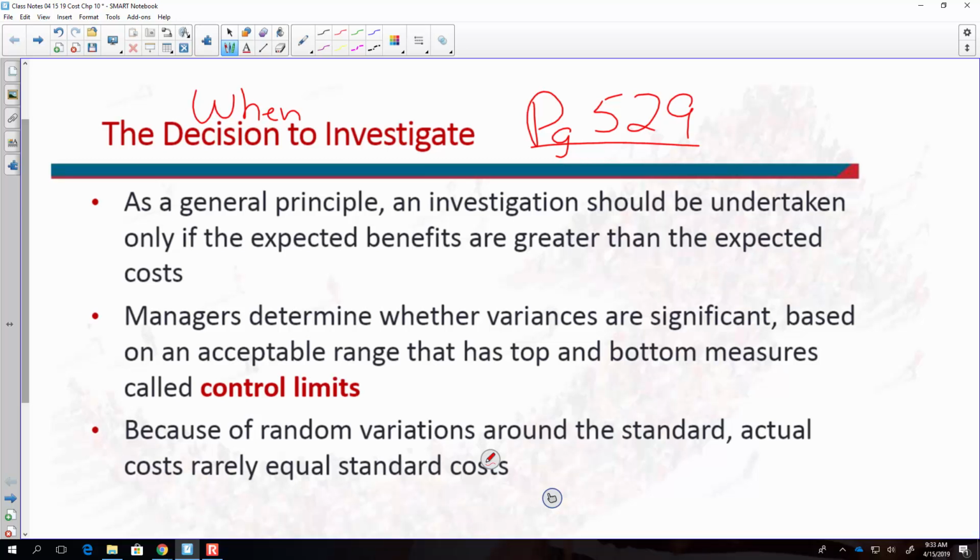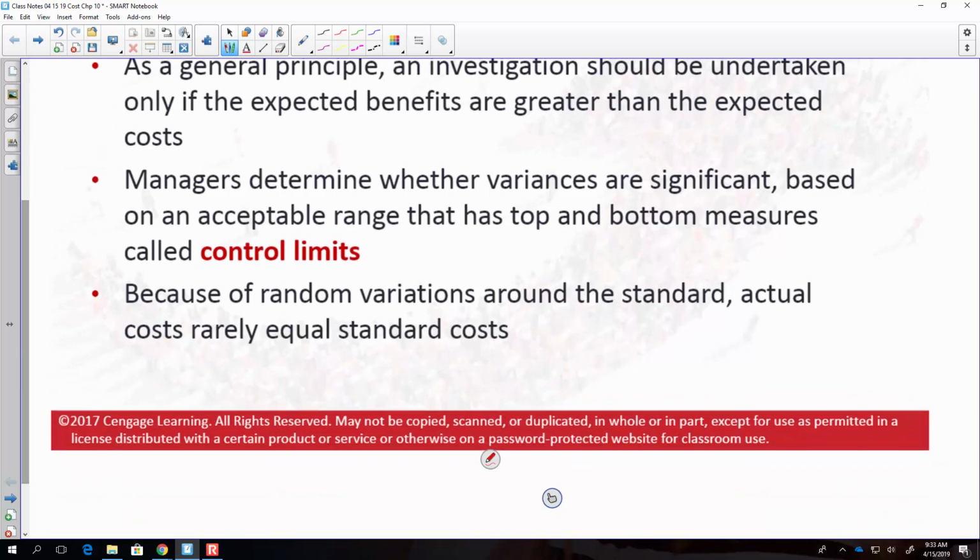So what they talk about is a range of variances, and there is an upper limit and a lower limit, and depending on where our variance amount is, we will investigate. If our variance lands in between the upper and lower, we don't investigate that variance.